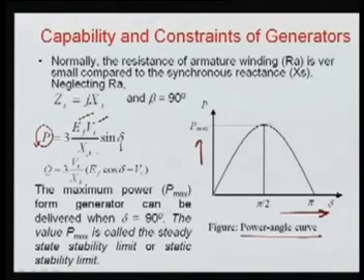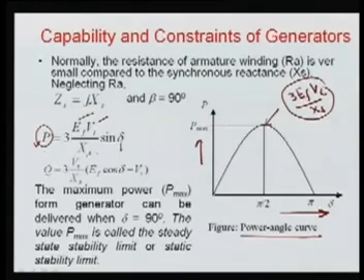Now the maximum value which we get here is nothing but 3 Ef Vt divided by Xs, and this value is called the steady state stability limit, or static limit.